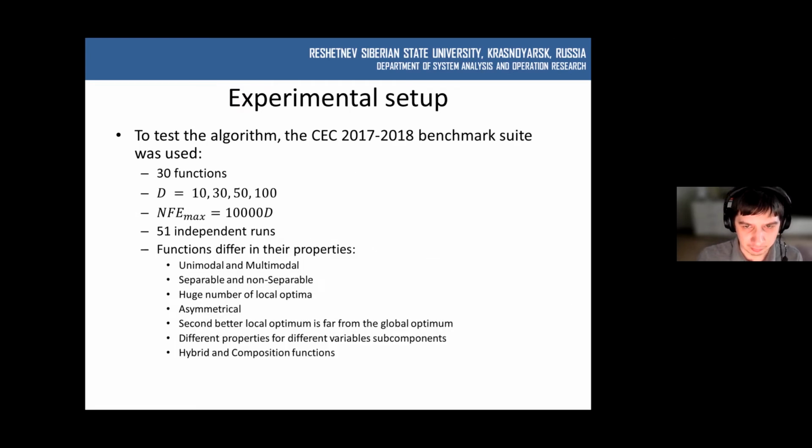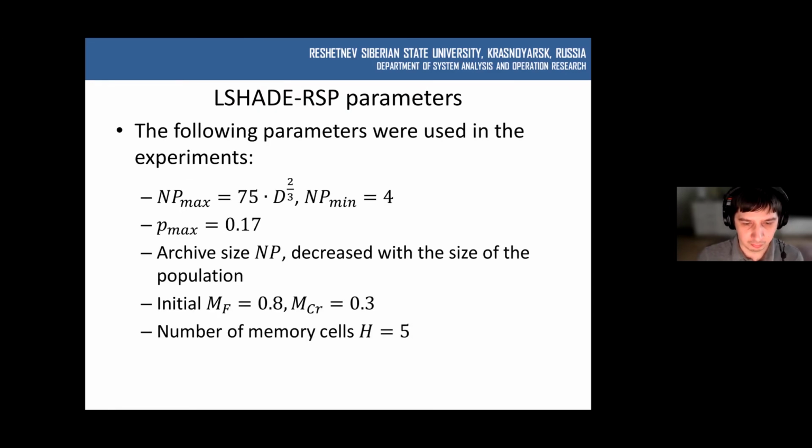So, for example, some of the initial experiments that we made with the Lehmer mean were with the CEC 2017 and 2018 benchmark functions. There are 30 functions, 51 independent runs, and different dimensions. Of course, we use L-SHADE, our modification with rank-based selection.